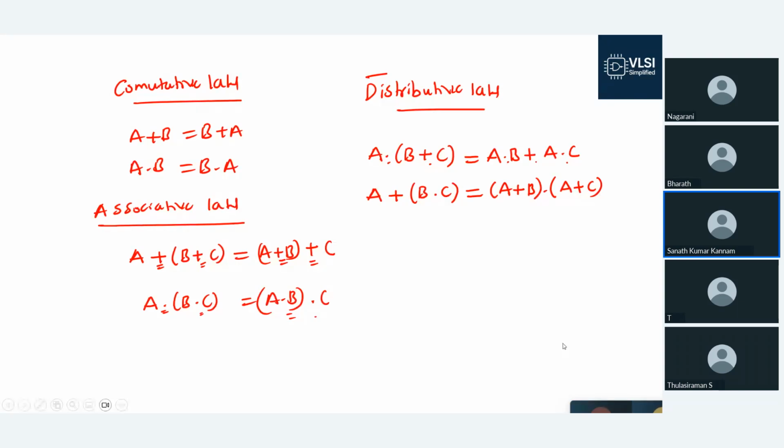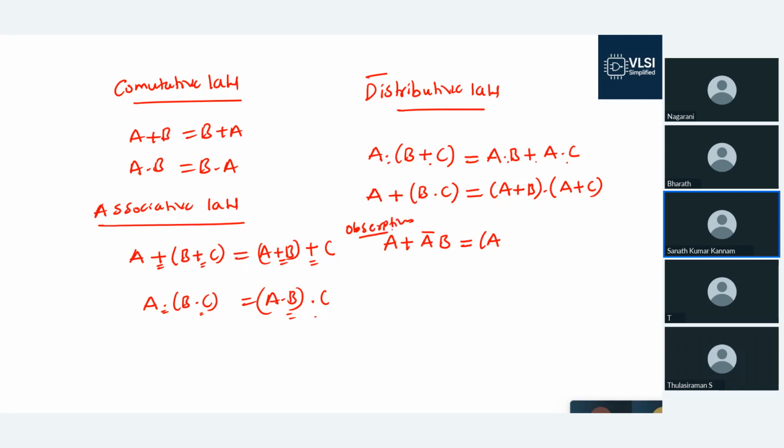And next, from the distributive, you will get some absorption law. This mainly we use in the problems. This is A or A bar B equal to what? So if you apply distributive law, so this is absorption.